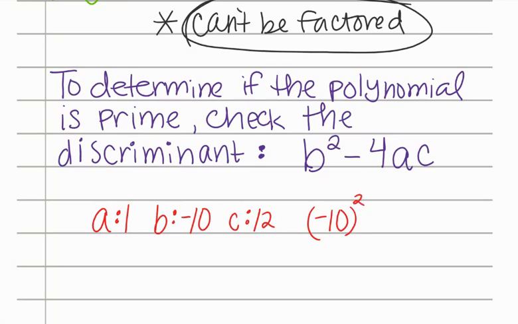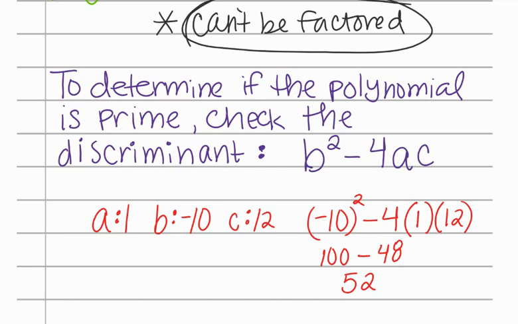I put it in parentheses because the b gets squared, and the b is -10, right? Minus 4 times the a times the c. Now, -10 squared is 100. 4 times 1 is 4. 4 times 12 is 48. 100 minus 48 is 52.